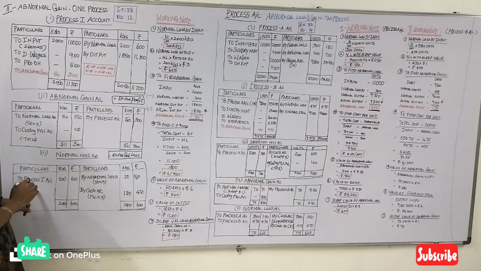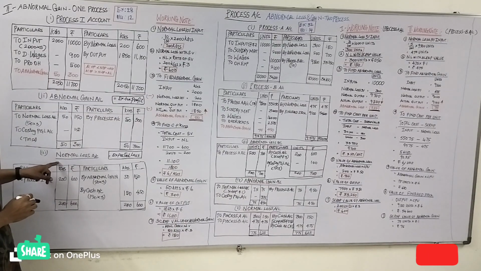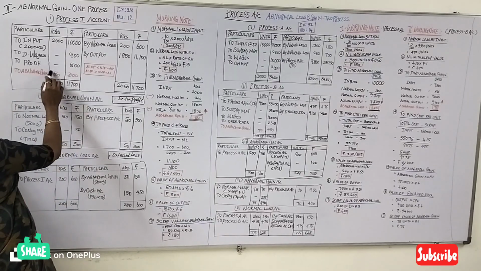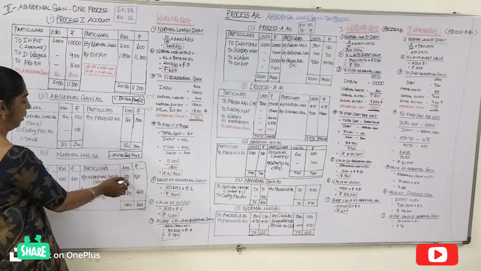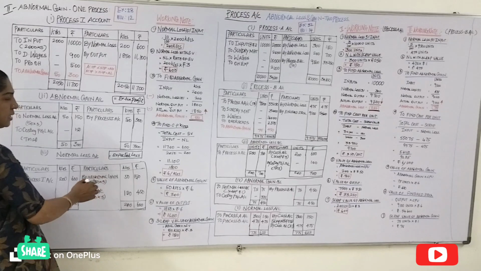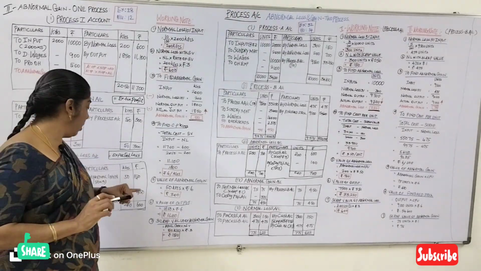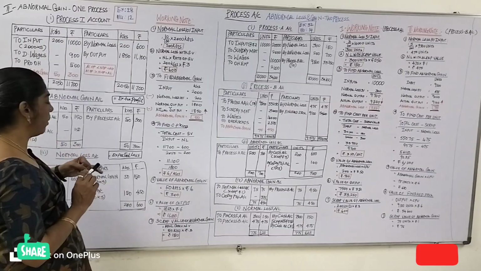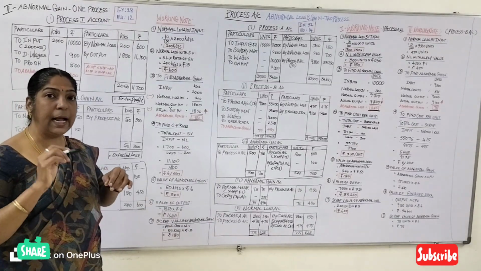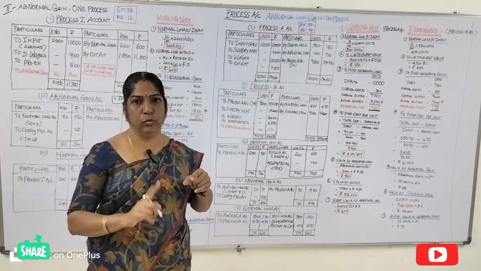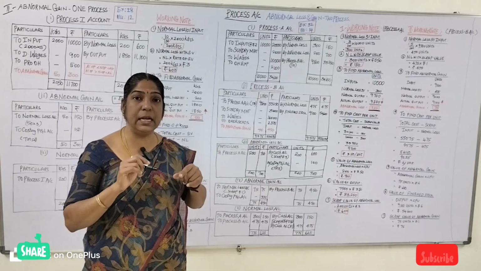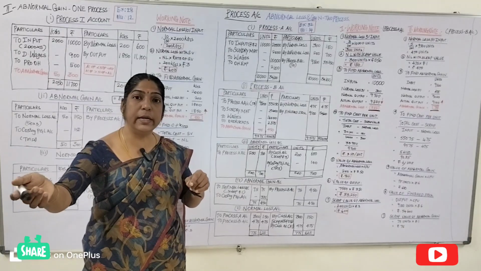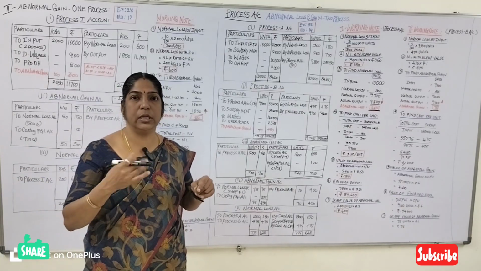Okay. From the normal loss, 50 kgs were taken as abnormal gain, right? Listen, whether it is normal loss, abnormal loss or abnormal gain, it is always calculated with the scrap value. You sell only at the scrap value and receive the cash.